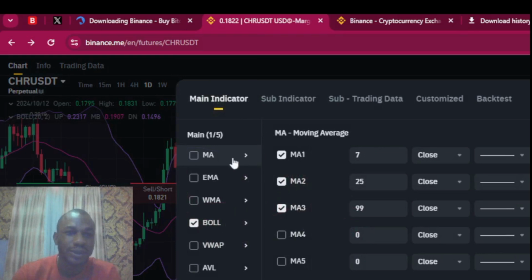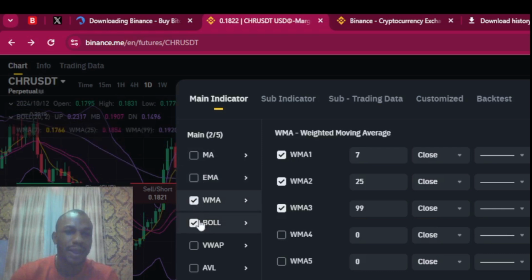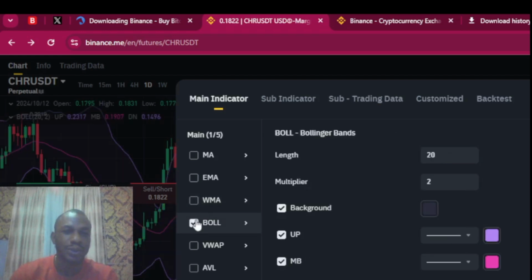If you look at my screen right now, this is the technical indicator. When you click on it, it gives you a variety of indicators. Here we have MA, moving average. We have exponential moving average. We have weighted moving average. And the fourth one on the list is the Bollinger moving average. So for tonight, we're going to be talking about the Bollinger moving average.